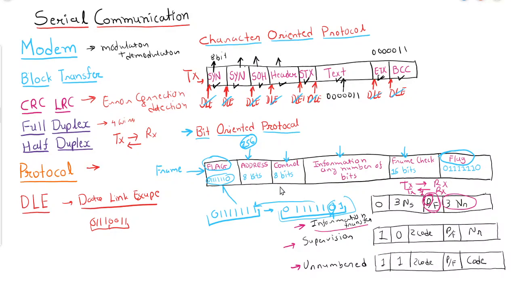Let's say a primary station wants to inform something to the secondary station, or send a special instruction to the secondary station or receiver. At that time this field will be used. Now how will it be used by the secondary station? The secondary station uses this control field to transmit a response to the primary station.